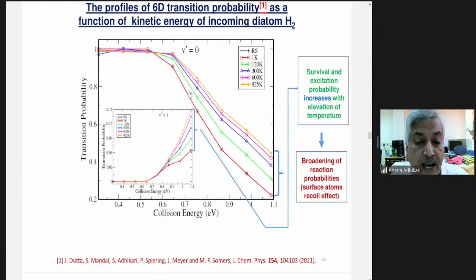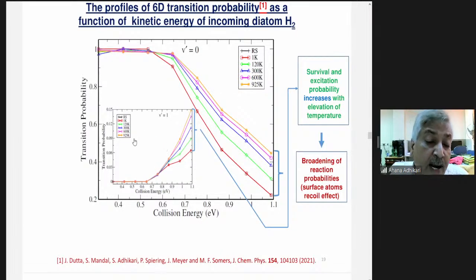You can see that its survival probability decreased sharply. On the other hand, if you increase the surface temperature, the survival probability is increasing. That means the staying probability at V prime equal to 0 is increasing. I mean, really counterintuitive. Okay.